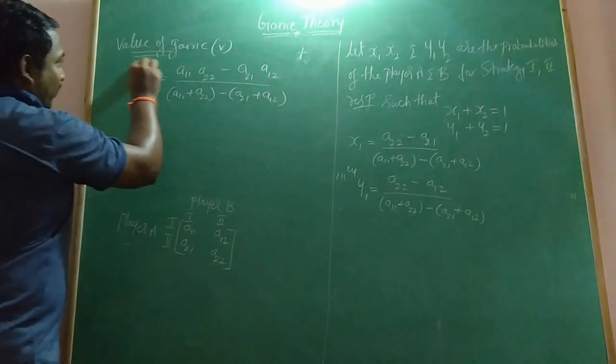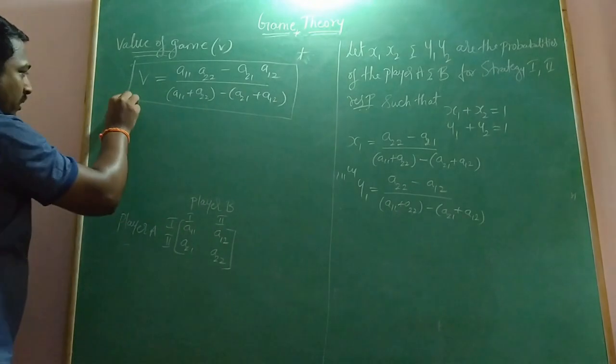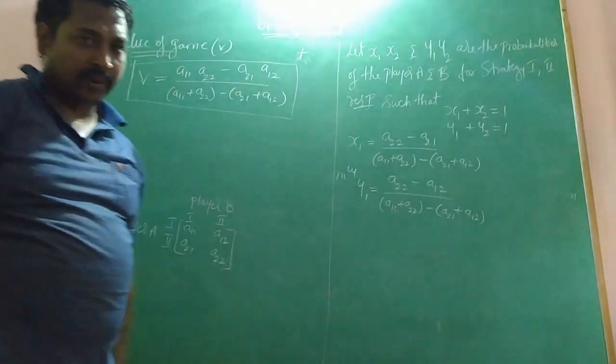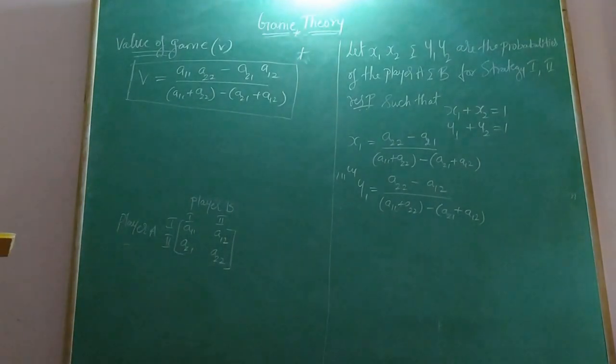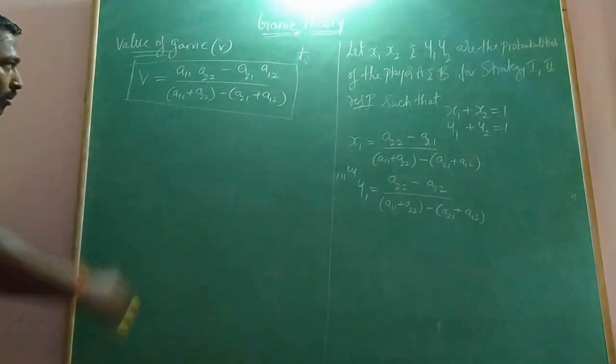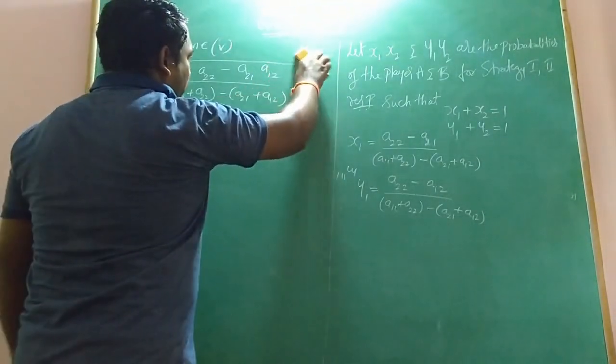This is the equation to determine the value of the game and the probabilities of the respective strategies when maximin and minimax are not equal. Let us solve a problem on a game without saddle point.